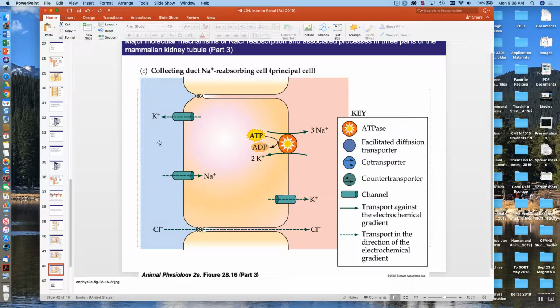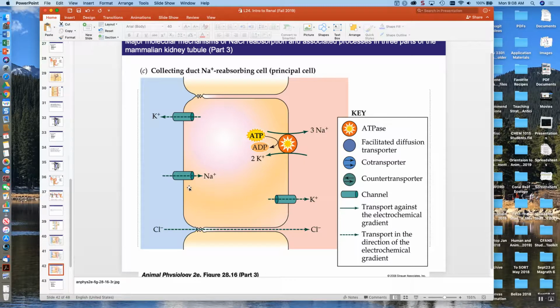Just like the name suggests, the blue area right here is the inside of the collecting duct. The red area right here is the outside of the collecting duct, and it's closest to the blood supply. Looks pretty easy. These are sodium reabsorbing cells.